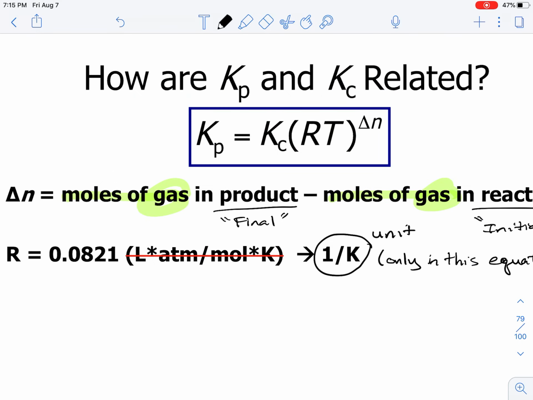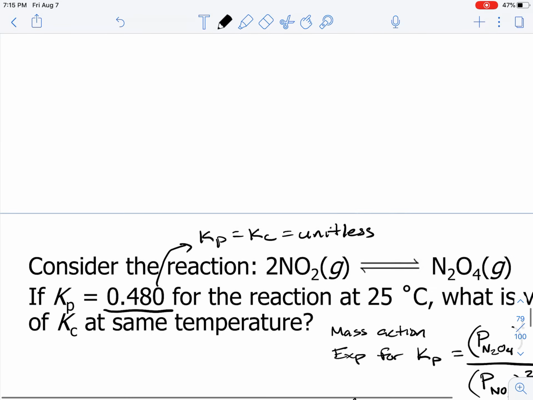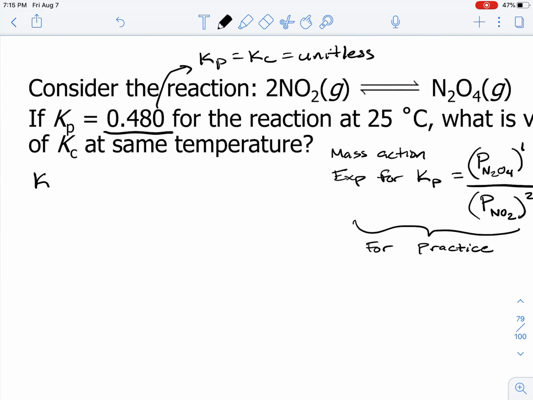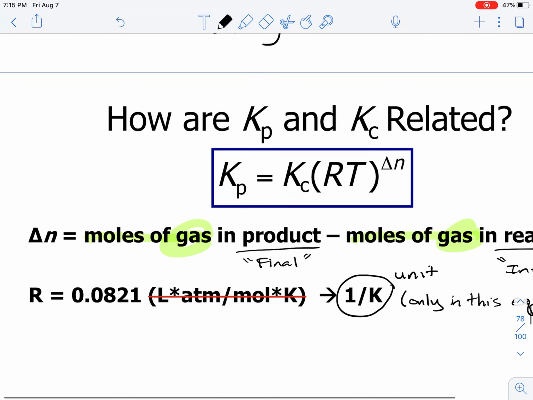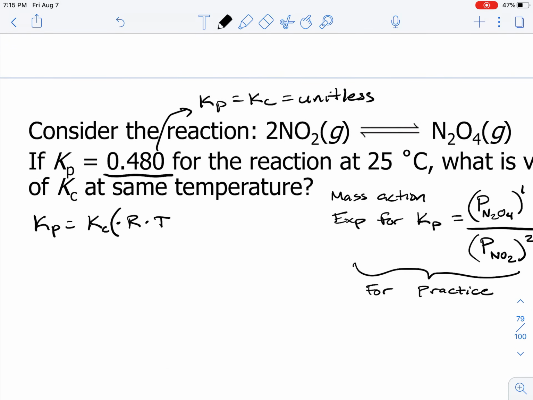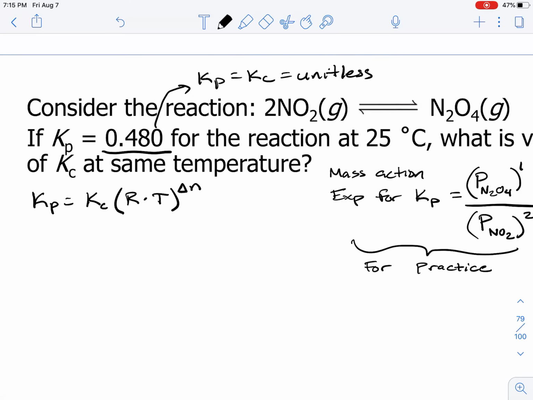So we know that Kp is equal to Kc times R times T, and this part right here is going to be raised to delta N. And so I know that the value of Kp is going to be 0.480 because that's given to me.